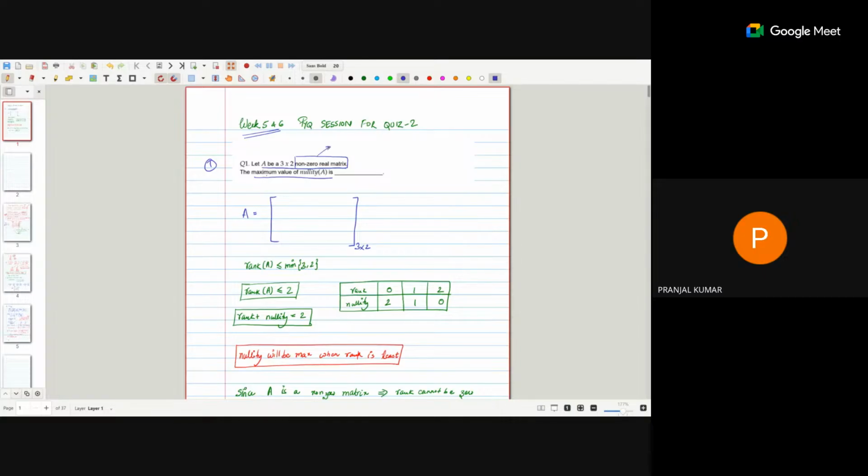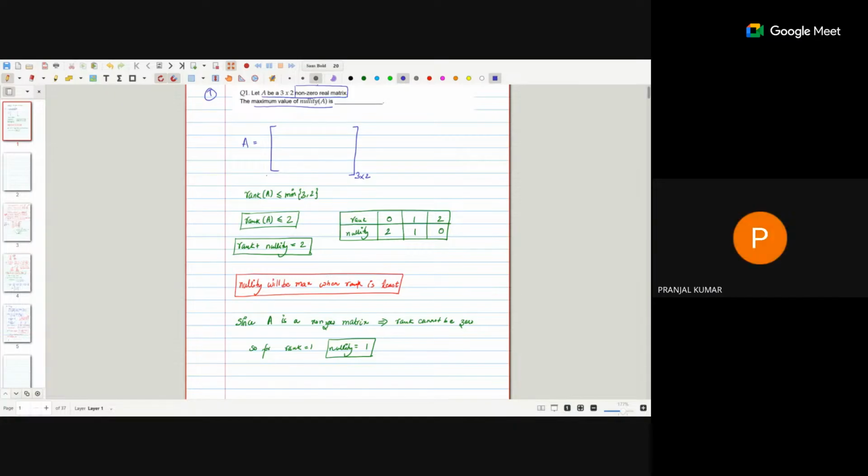The two identities we'll be using: rank of A is less than or equal to the minimum of 3 and 2, so in this case rank is at most 2. So rank will vary over 0, 1 and 2.